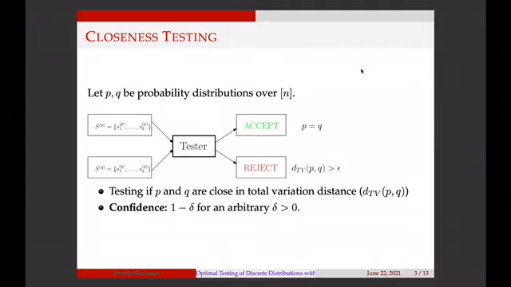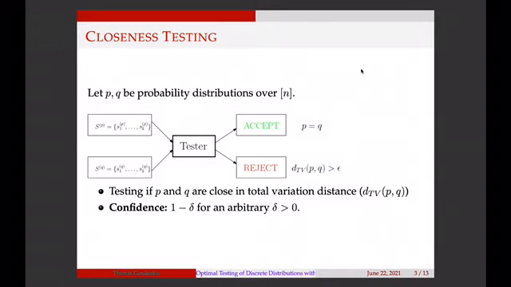Our algorithm, the property tester, is given k samples from each of these two distributions, and the goal is to output accept when the distributions are equal, and output reject if they are at least epsilon far apart from each other in total variation distance.